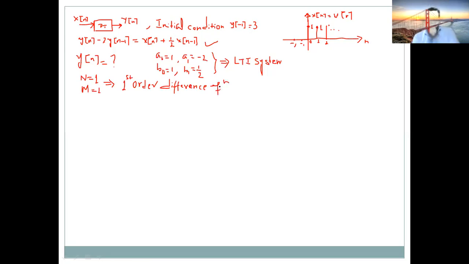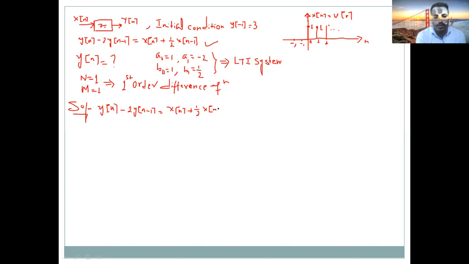So we are asked to calculate the output here. Let's see from our equation. What's our difference equation? y of n minus 2 times y of n minus 1 is equal to x of n plus 1 over 2 x of n minus 1.